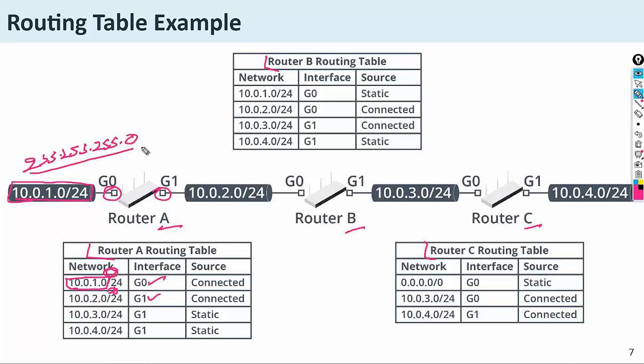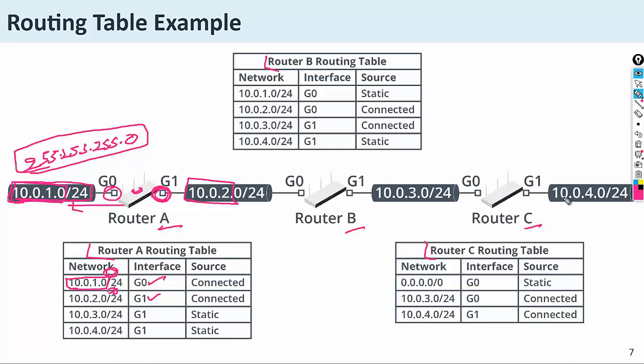So whatever packet comes on this router having this subnet mask or this network, it will be forwarded to this interface. If any packet having this network address comes, it will be forwarded by G1.